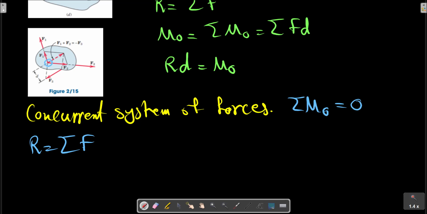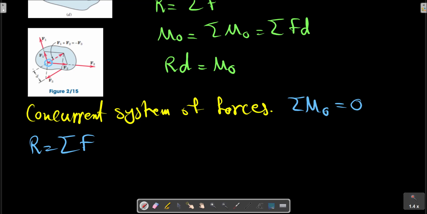For a parallel force system, select the coordinate axis in the direction of the forces. If the resultant force R for a given force system is zero, the resultant of the system need not be zero because the resultant will be a couple.